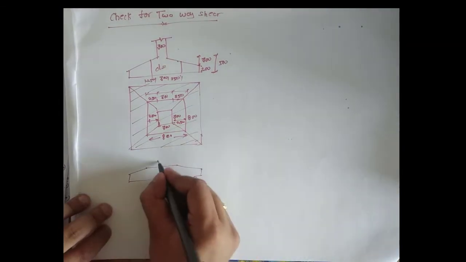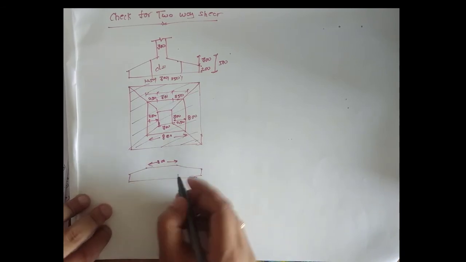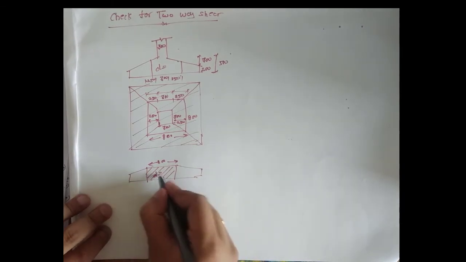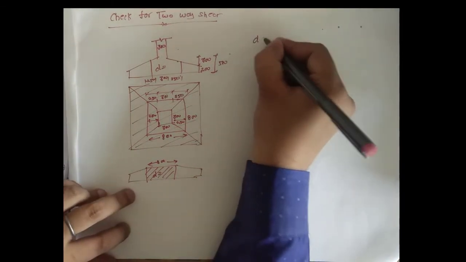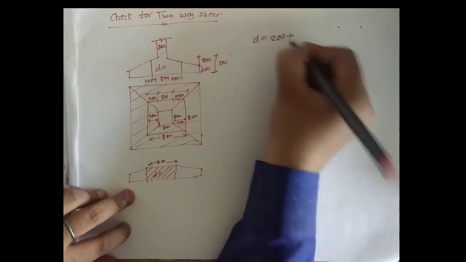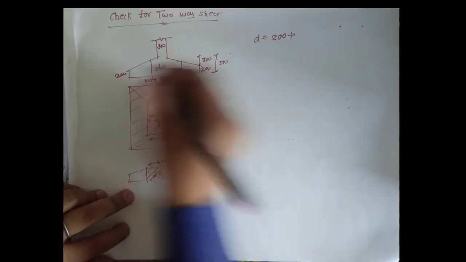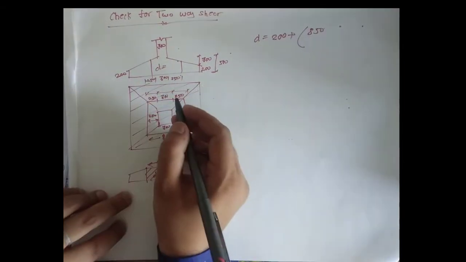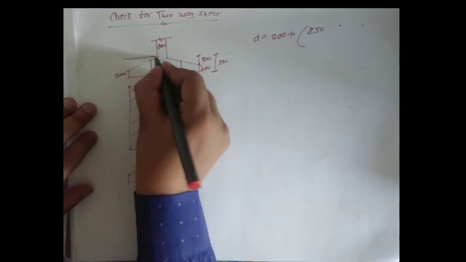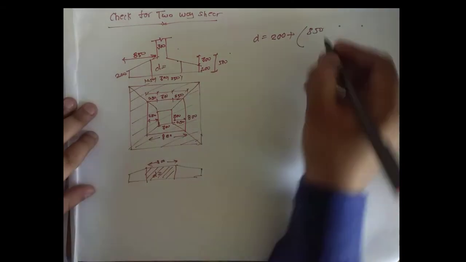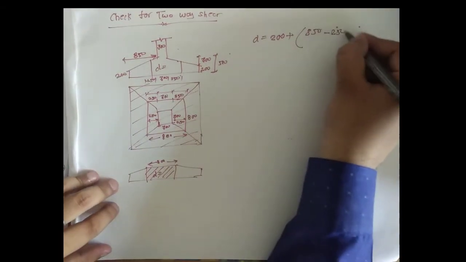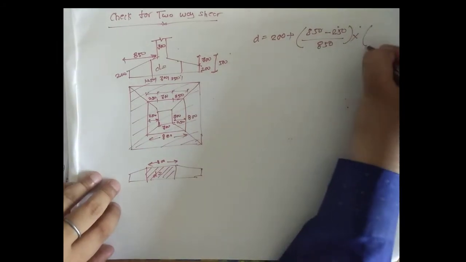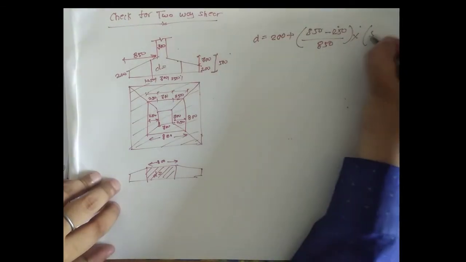So we need to calculate this. This is 800, this is 800. Now we need to calculate this distance D. So D equals 200 plus (850 minus 250) divided by 850 into (500 minus 200).